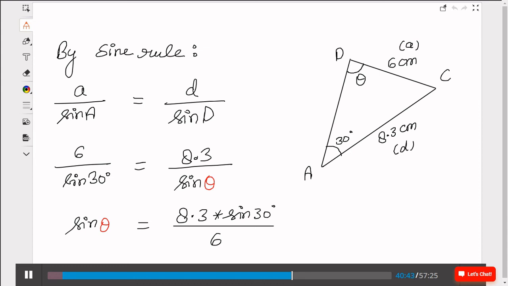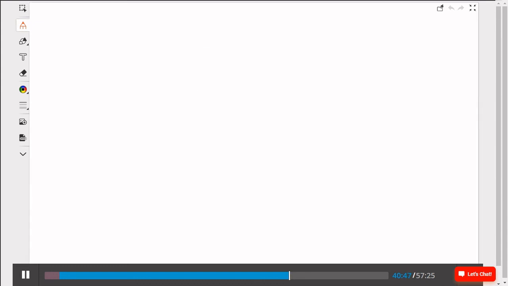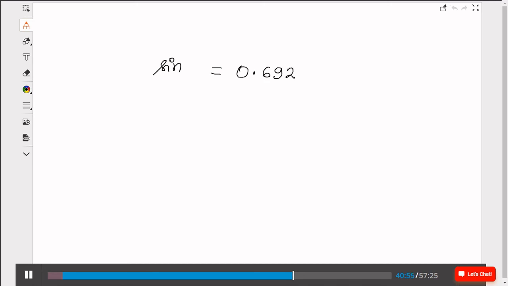That becomes theta equals sine inverse of this value. And we may again use the calculator. It gives you about 43.78. So approximately it is 43.8 degrees. That's your answer.